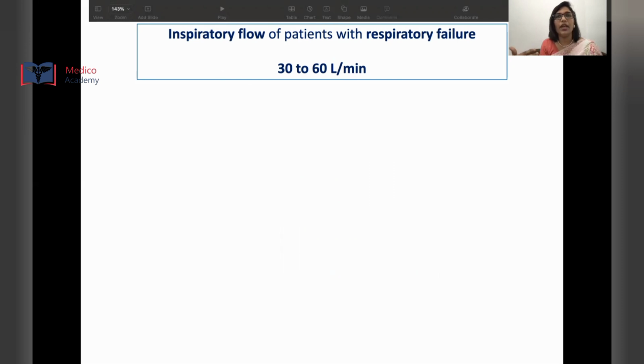His body will be trying to get in more oxygen by utilizing all the muscles, thereby increasing the respiratory rate. Sometimes the tidal volume will be low, or sometimes high, but the respiratory rate will go up, and this can result in increased inspiratory flow. The increased inspiratory flow in patients with respiratory failure can go as high as 30 to 60 liters per minute.